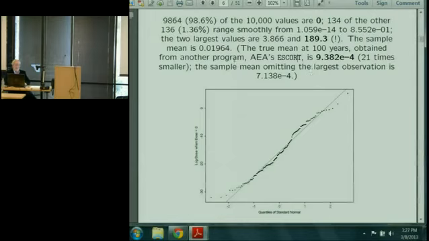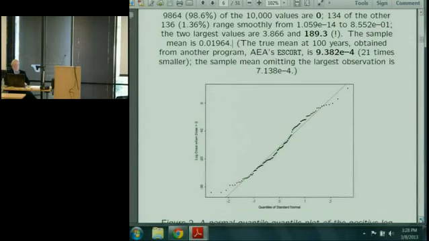At 1 point out of 10,000, by working out the sample mean omitting the largest observation, it's almost exactly the correct answer. It's about 7 times 10 to the minus 4. The right answer is about 9 times 10 to the minus 4. So there's one observation way out in the right tail that's responsible solely for making this mean much larger than it should be. But that's life in the fast lane. That's how this process runs. You're going to get a really big observation in the right tail every now and then.